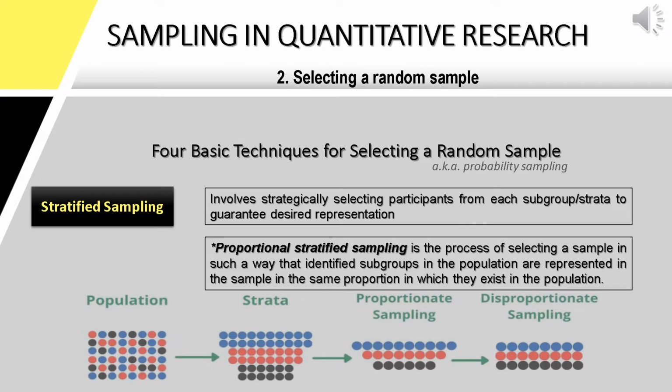Now, in stratified sampling, it involves strategic selecting of participants from the subgroups. So, out of all the participants in those subgroups, you will choose strategically from those. Kaya kung makikita niyo dito sa strata, nabawasan pa sila, kasi ito lang yung napili ng researcher out of the subgroups.